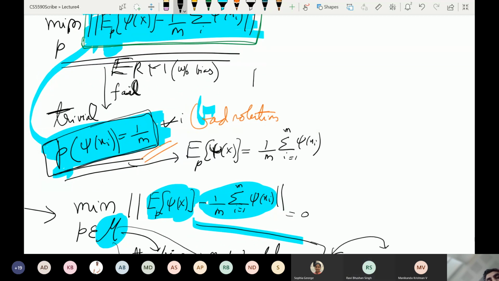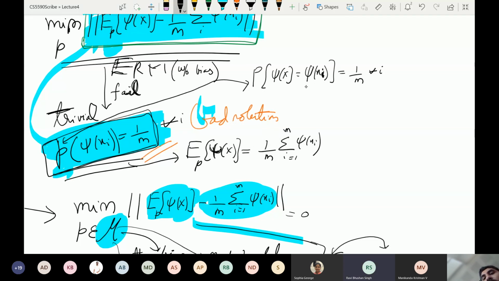Whenever the random variable psi of x takes the value psi of xi, that probability is 1 by m, and similarly for every i. That's this distribution. Uniform, you mean? Uniform over these. So the psi of x distribution is uniform over these values. That's all I'm saying.